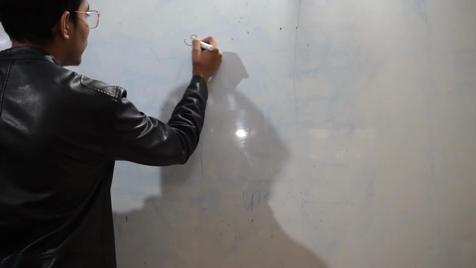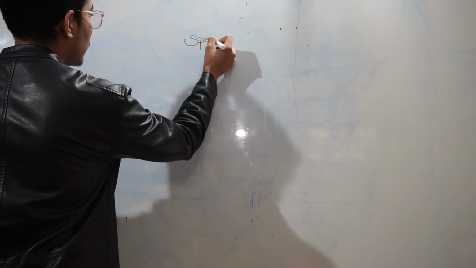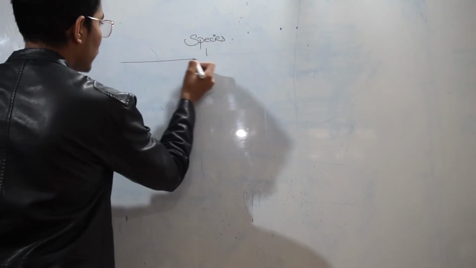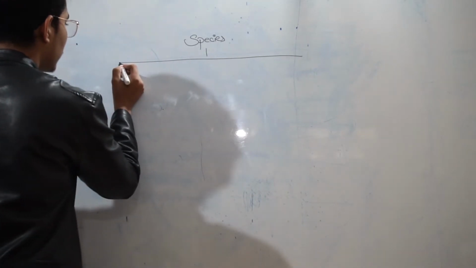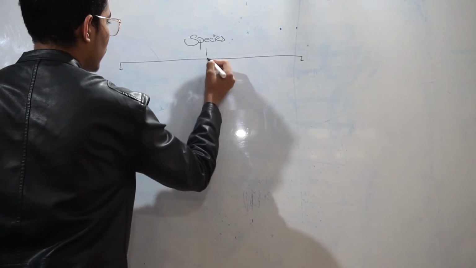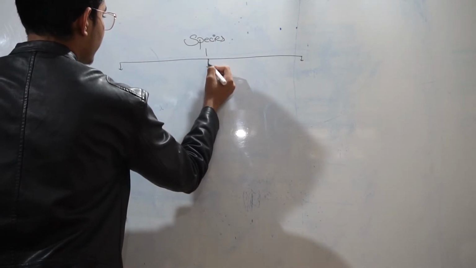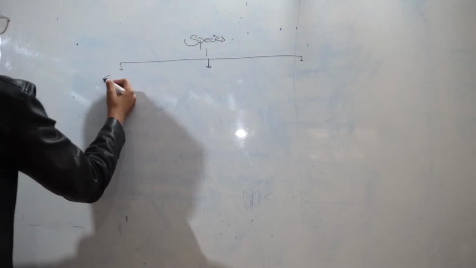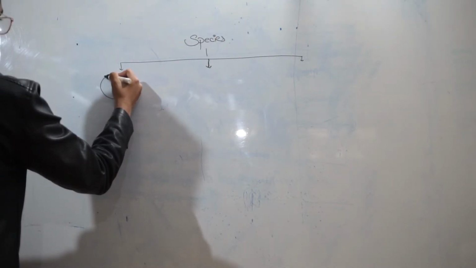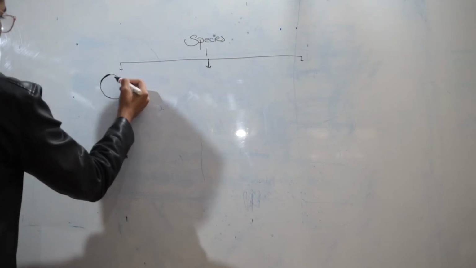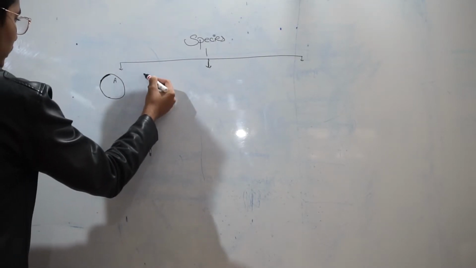Say this is land in which species A is present.